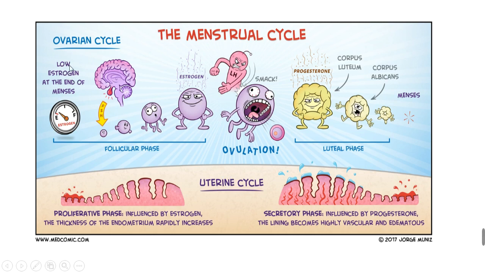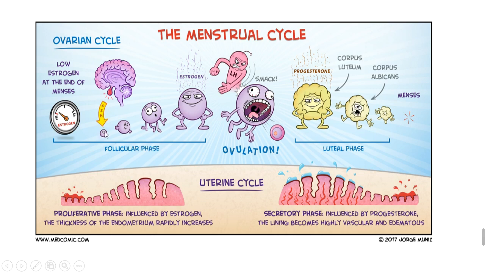As you see, a low estrogen at the end of the menses will stimulate production of FSH hormone when the follicular phase occurs at the first 14 days of the menstrual cycle.